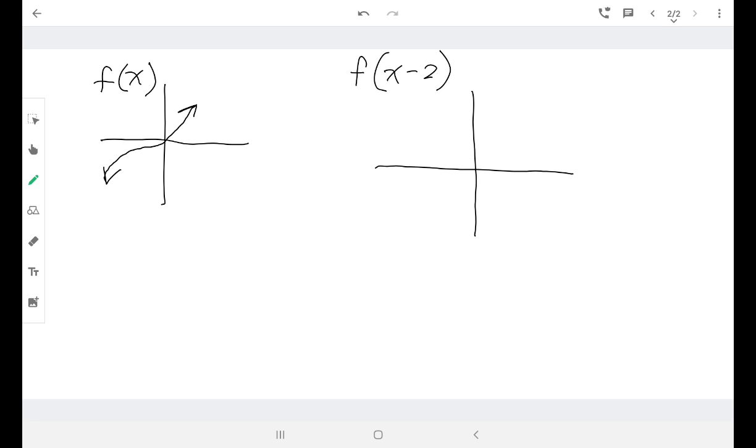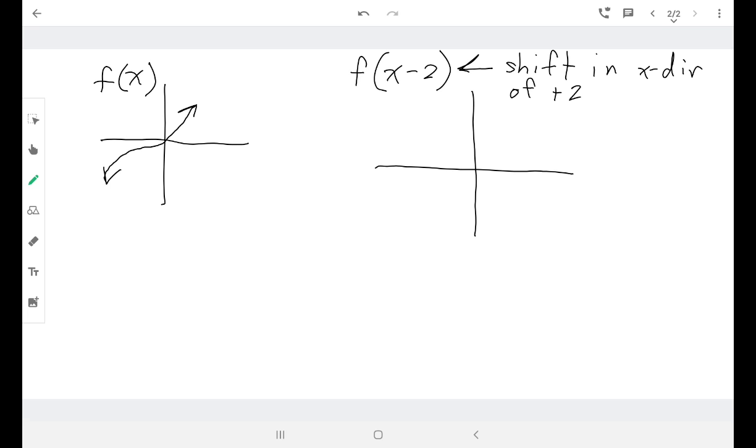But I promise you, it actually does mean something. This minus 2 right here represents a shift in the x direction. It's in the x direction because it's grouped with x. When things are grouped with x, when things move in the x direction, they move opposite of what you expect them to.